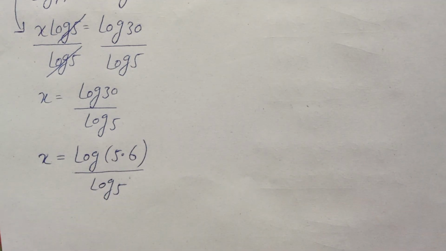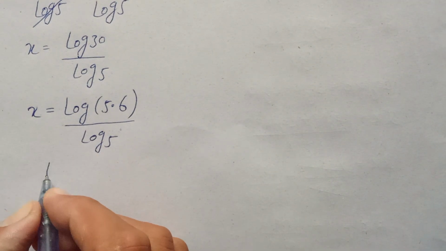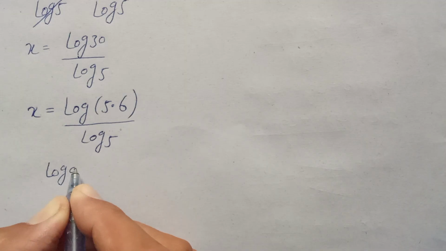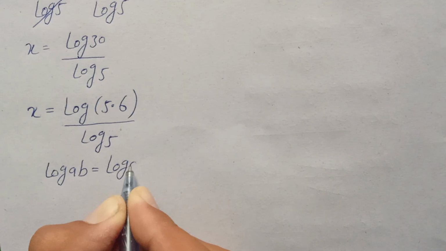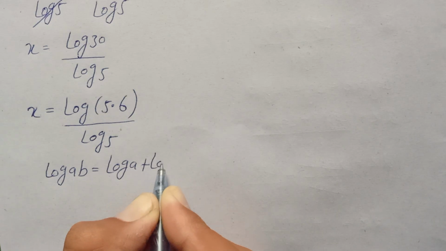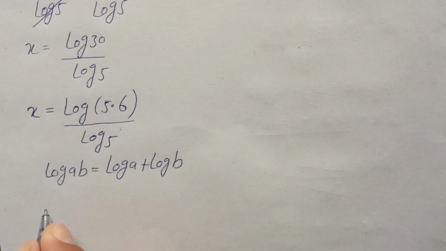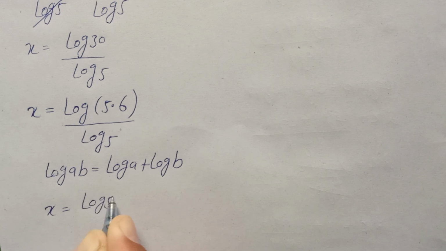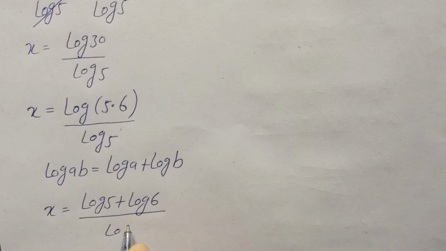Now we can write the above numerator in this form: log AB is equal to log A plus log B. We can write this numerator as x is equal to log 5 plus log 6 divided by log 5.